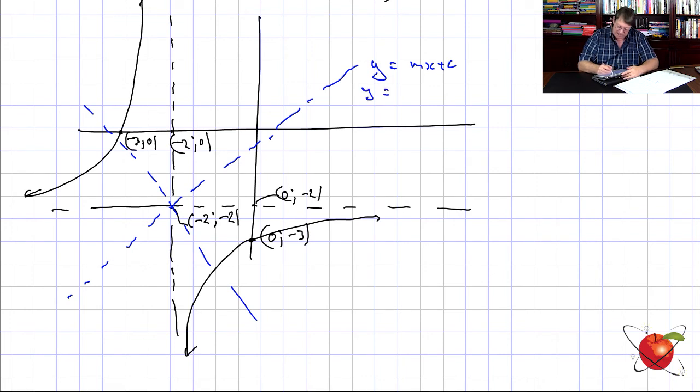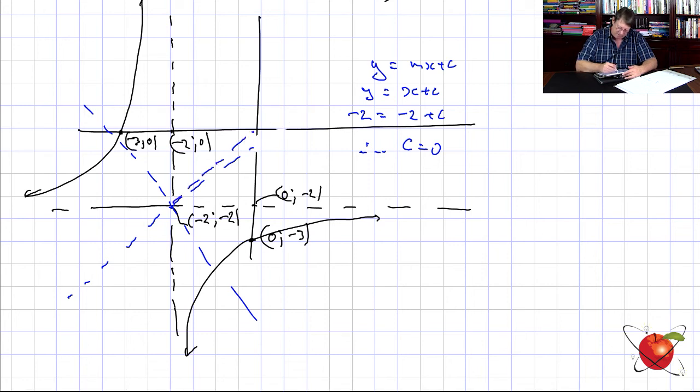So I say that's y is equal to x plus c. Take the equation of my crosshairs, minus 2 is equal to minus 2 plus c. Therefore, c is going to be equal to 0. So essentially, I've drawn it a little bit wrong. Okay, it's going to go through at 0 over there. Okay, which you know because 2 and 2 units, 45 degrees.